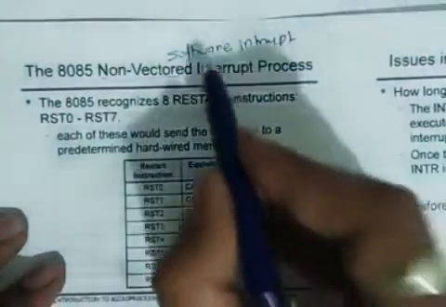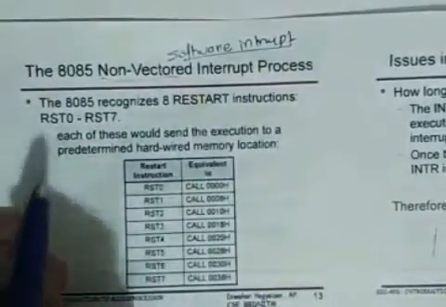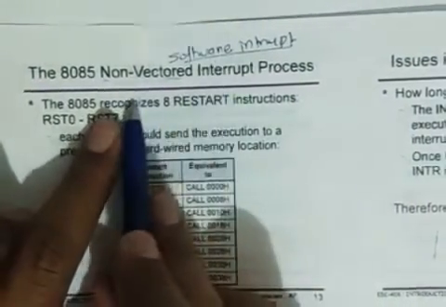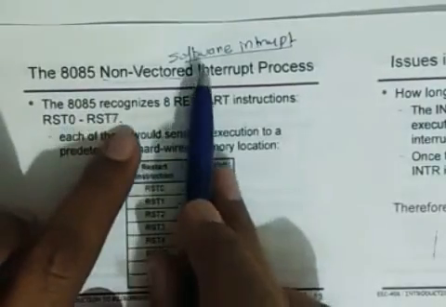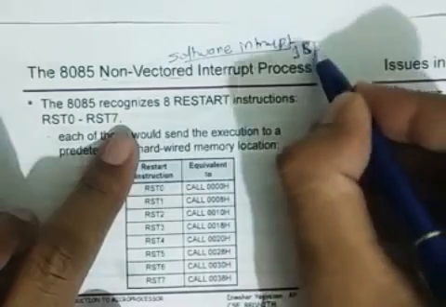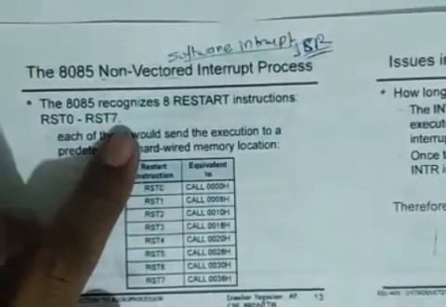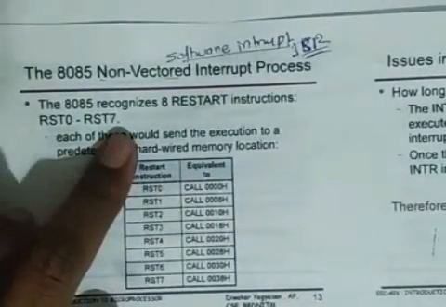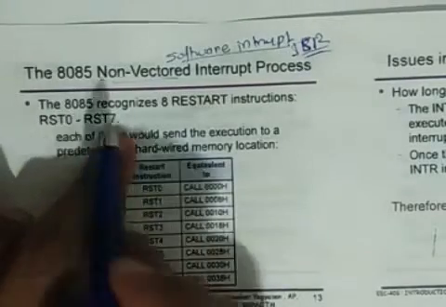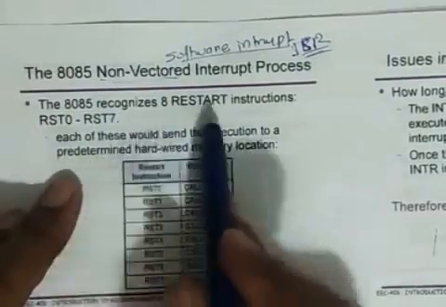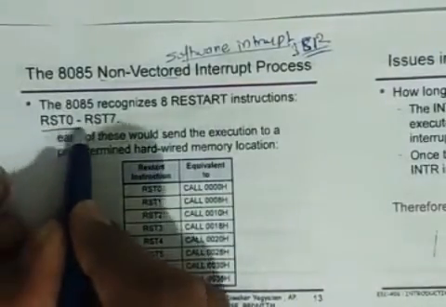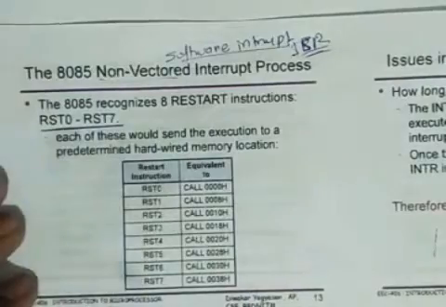In the case of a non-vectored interrupt, the interrupt service routine has to be provided by the external device. The 8085 recognizes 8 preset instructions from RST0 to RST7.